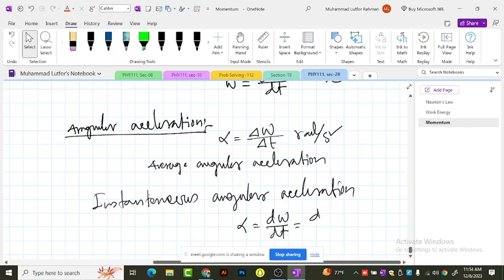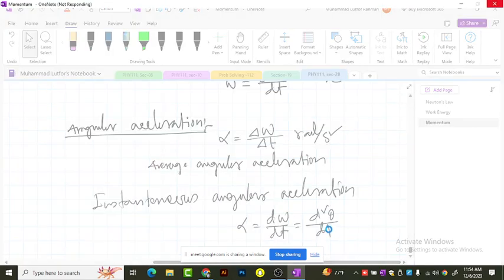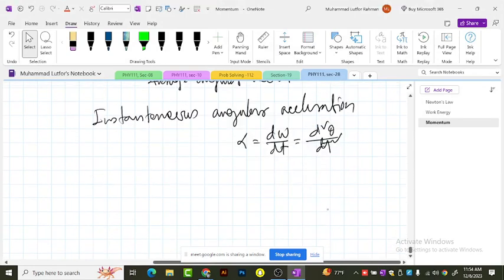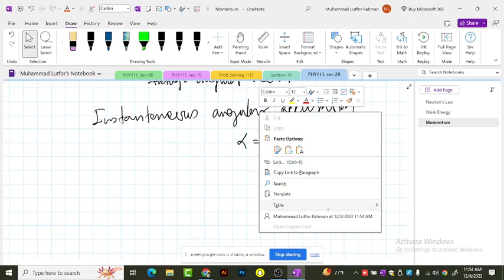We can also write this as d square theta over dt square. It is pretty much similar to the linear case.